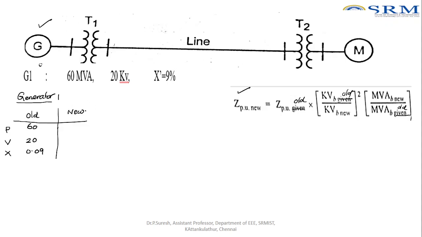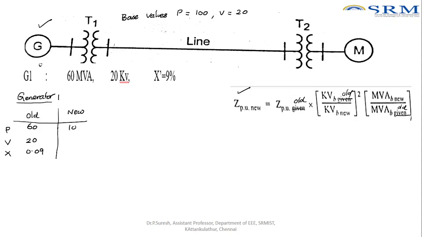And now the new values, which are what you are asked to consider. For this, the base values are given. Base value of power is given as 100, and voltage is given as 20 kV. So those are new values.